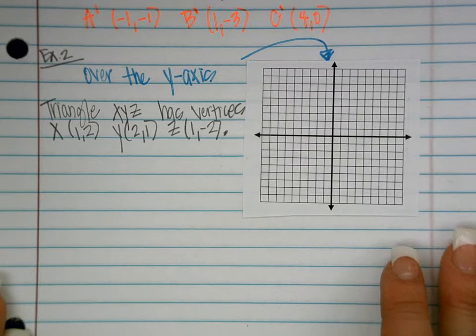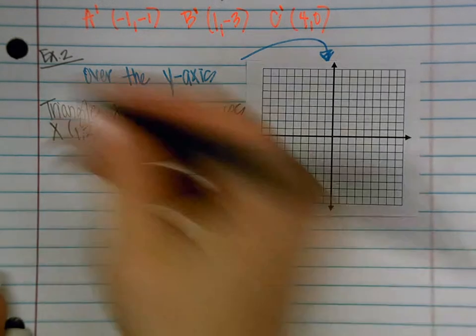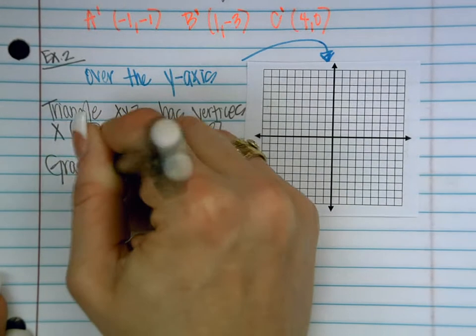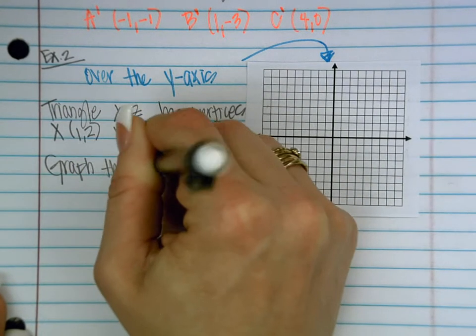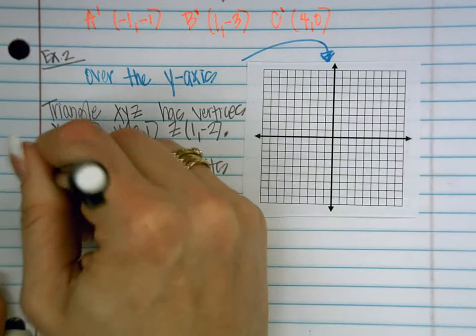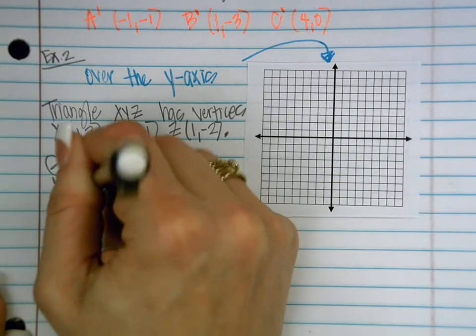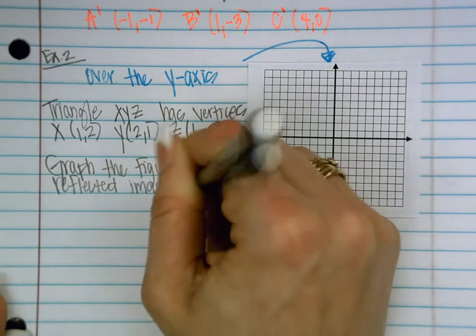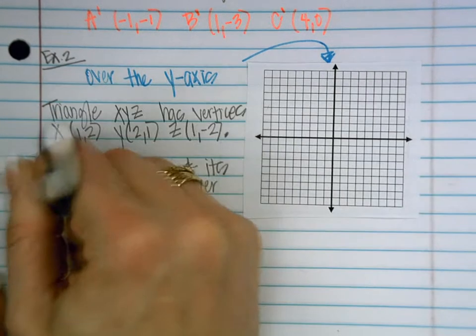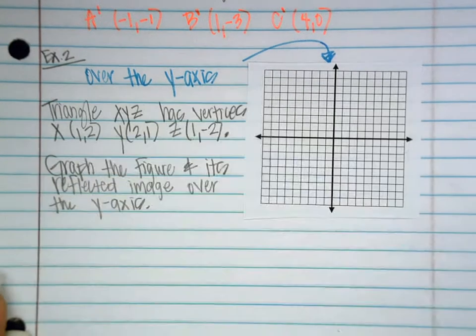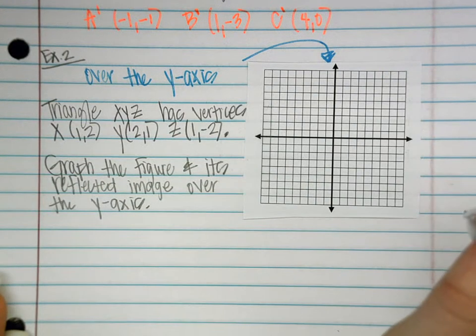So first I'm going to give you those coordinates. Okay, and what we're going to ask you to do is graph the figure and its reflected image over the y-axis. So graph this and its image over the y-axis.